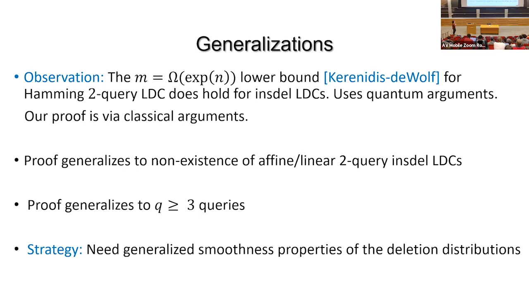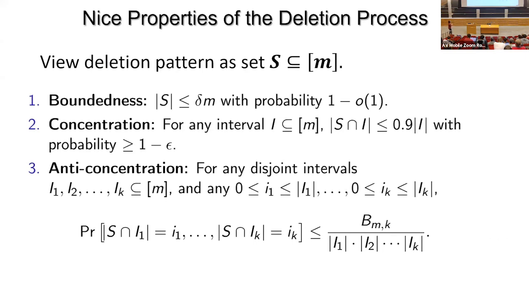And in order to generalize this argument to more queries, one can come up with a couple of properties. I'm not going to go through that. I know it's a lot of symbols, but a couple of properties that are similar to what we've seen so far.